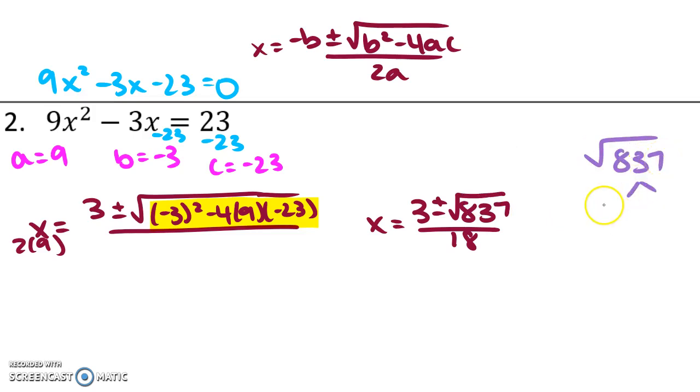When you do that, if you do the factor tree method, you'll see it's divisible by 3, and 3 times 279. Then you break it down even further, 3 times 93, and 93 is 3 times 31.